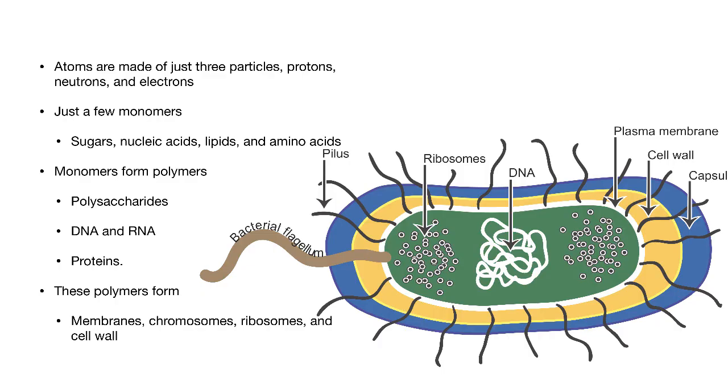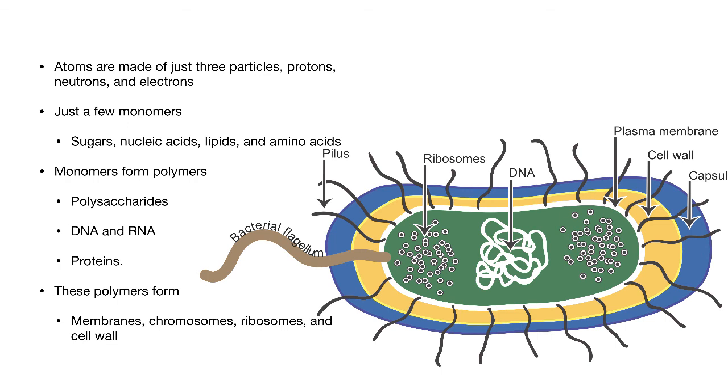We now reach the end of the lecture on bacterial structure. The take-home messages I want you to get out of this are the following. Atoms are made of just three particles: protons, neutrons, and electrons.